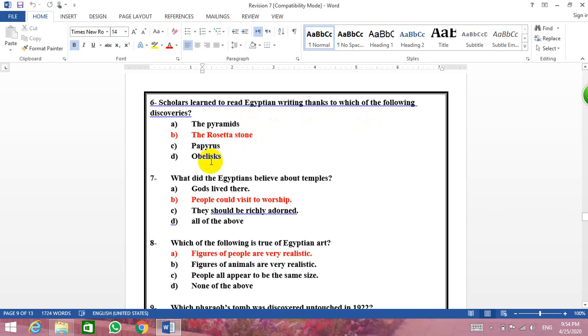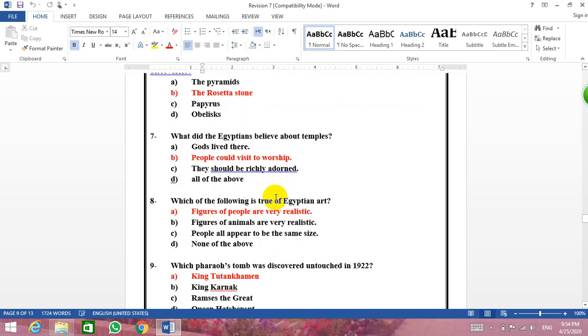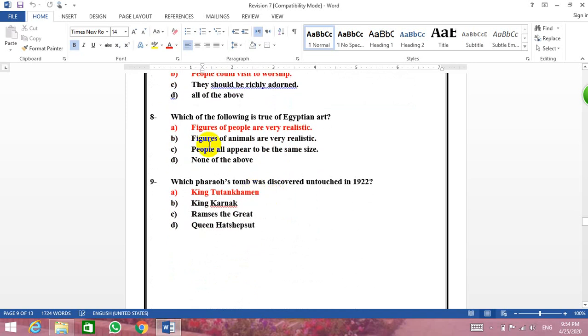Point number 7. What did the Egyptians believe about temples? They believed people could visit the temples and worship there. So option B is the correct answer. Number 8. Which of the following is true of Egyptian art? Option A is the correct one: figures of people are very realistic.